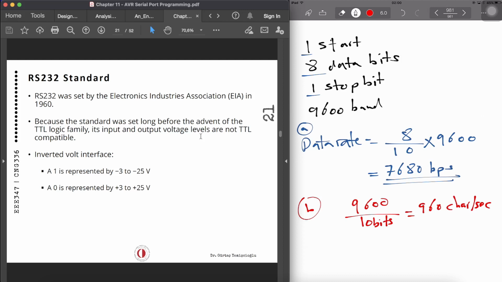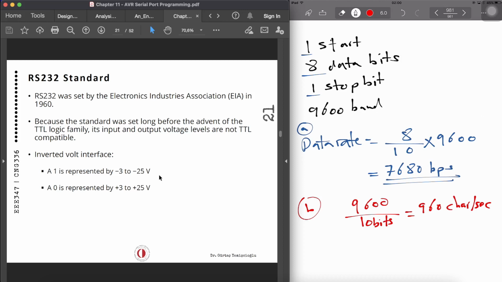So in RS-232, 1 is actually represented by -3 to -25, while bit 0 is +3 to +25 volts. So making -3 to +3 undefined.